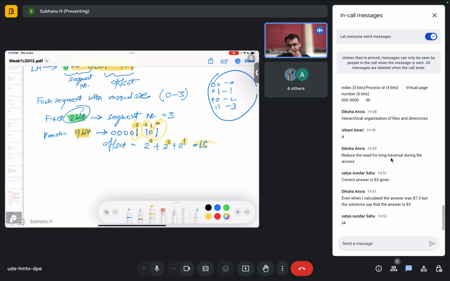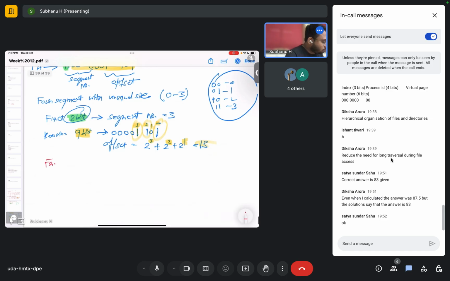In the last row, we have 3, 180, 100. So this is segment number, base address and length. Got it?